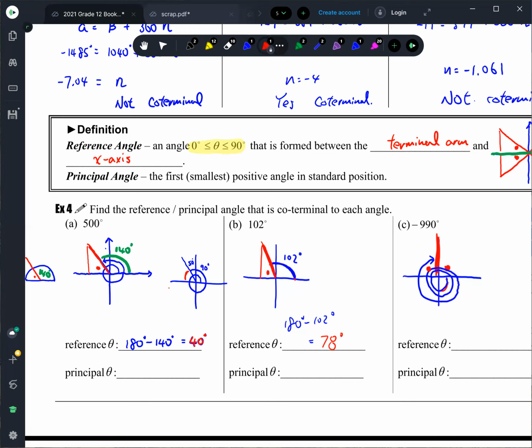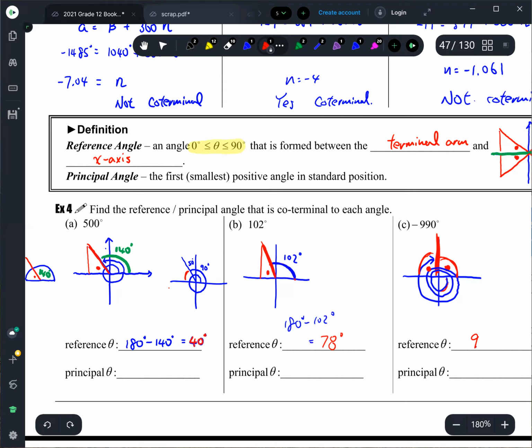So how big is the reference angle, Evan? I'm not quite sure about this one. Well, look at the picture, right? How big is this angle? 90. 90, right? Or you can pick the other side. How big is it? 90. Also 90, yeah. So it doesn't matter.